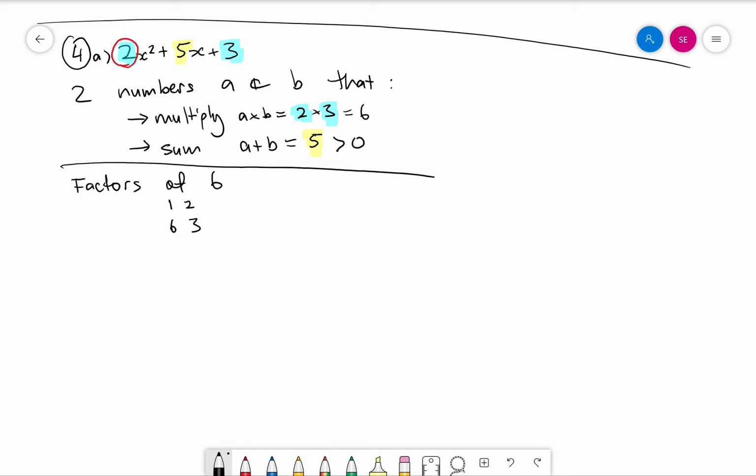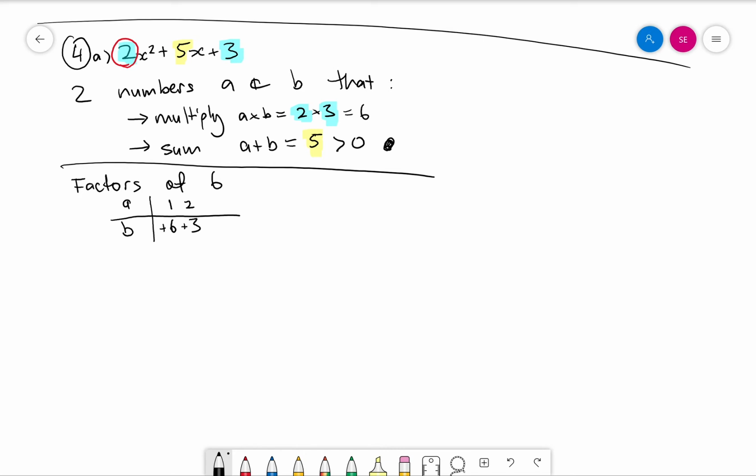Now, because up here it's positive, we know that if this is A and this is B, B, the bigger number, must be positive, so it must be plus 6 or plus 3.